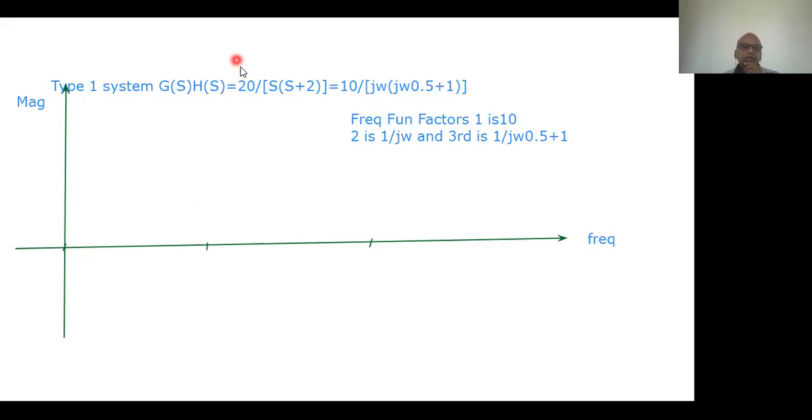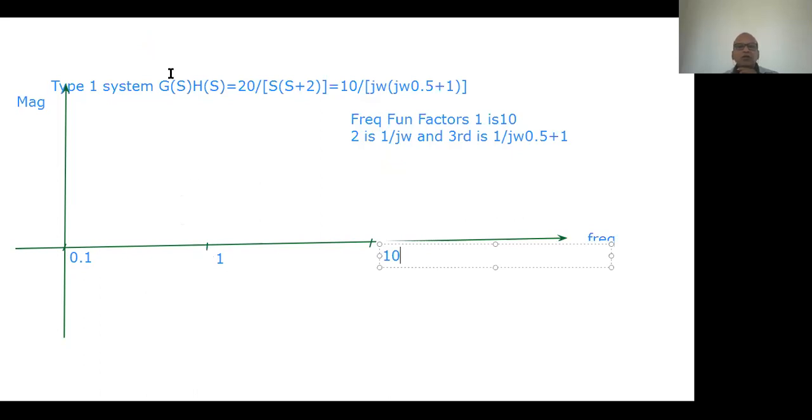Here we take the scale, that is omega equal to 1, omega equal to 2. Then starting from this 0.1, that is 0.1 radians per second. Then second is 1 radian per second. Then third one is 10 radians per second. Then corner frequency is equal to 1.